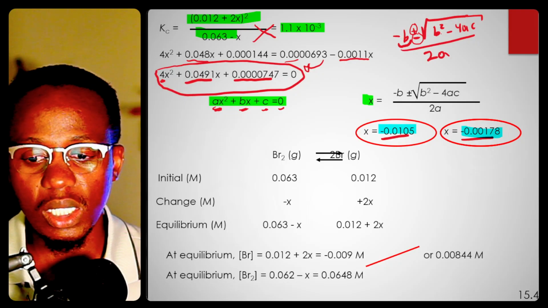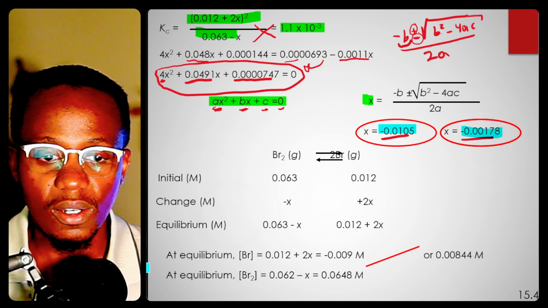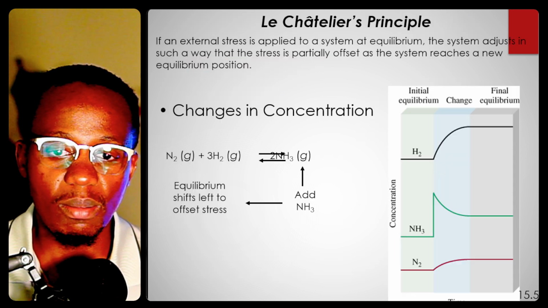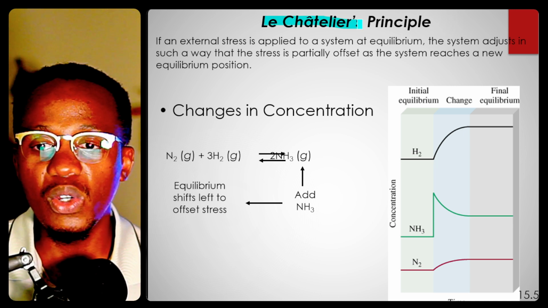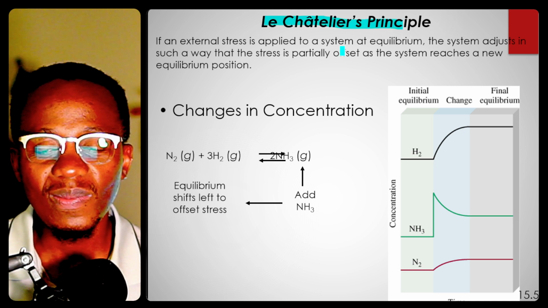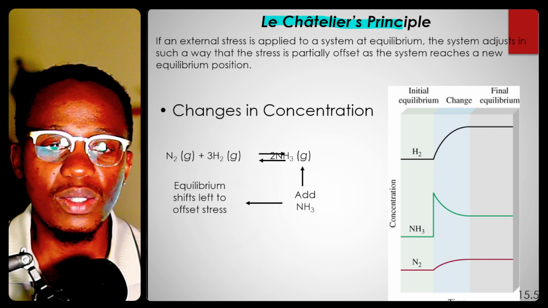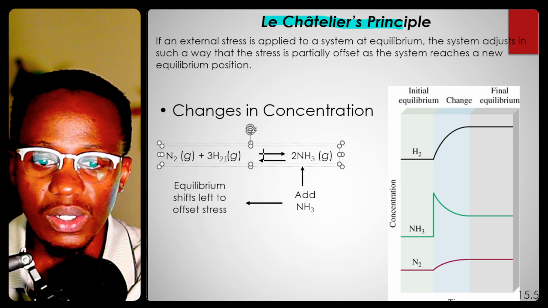But let's switch gears and talk about another important concept when it comes to equilibrium, and this is called Le Chatelier's principle. We like Le Chatelier's principle because it tells us what happens to a certain equation at equilibrium.